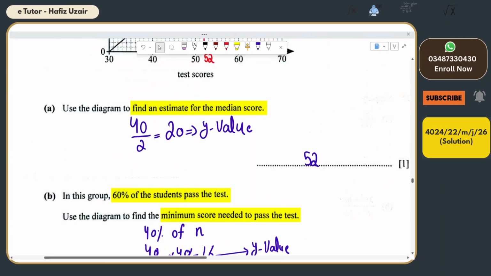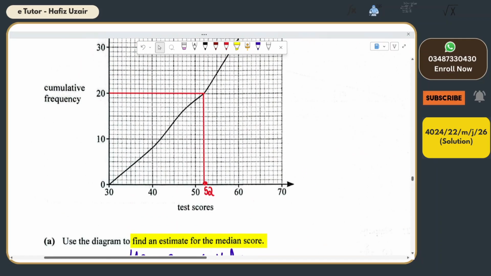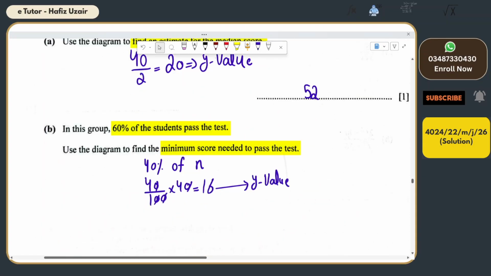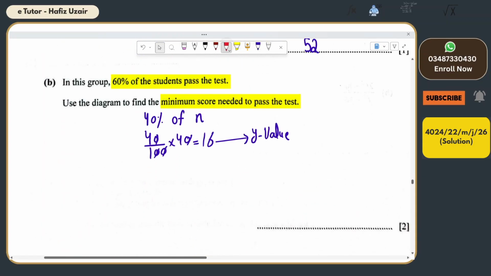Let's look at this value on the graph. Now you have 47 over here. So 47 is the minimum mark that a student needs to pass the test.